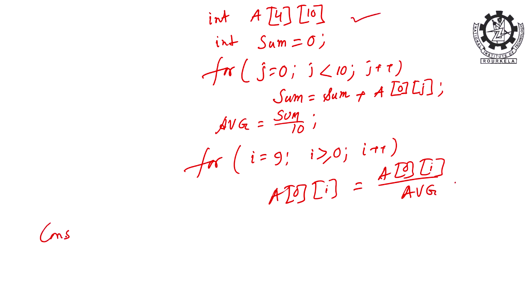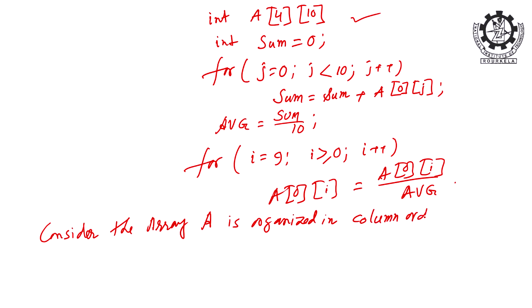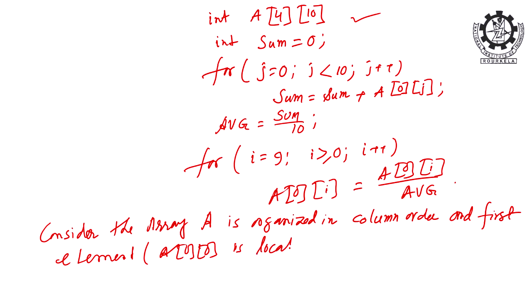And this array, you consider the array A is organized in column order, and the first element, that is A[0][0], is located at 7A00 location, okay.